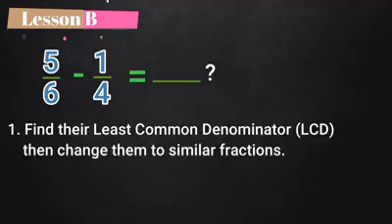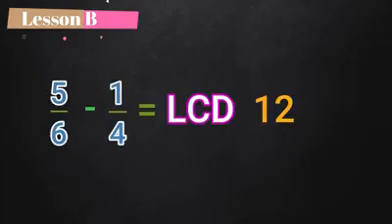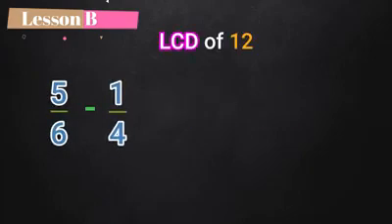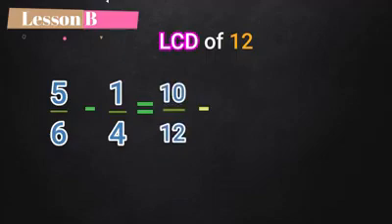Number 1, find their least common denominator or LCD. Then change them to similar fractions. 5/6 and 1/4 have the LCD of 12. 5/6 and 1/4 will become 10/12 and 3/12.